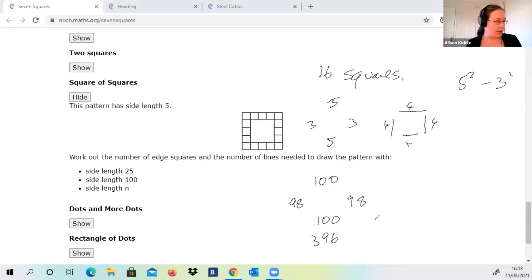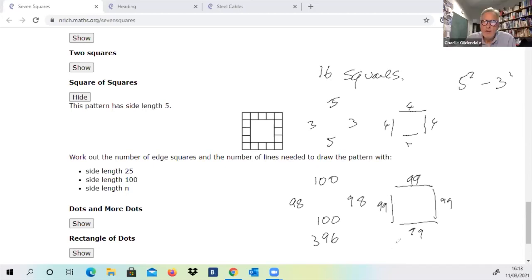Okay, so I think for my method, if it was 100 by 100, each of those 4 sides, the whole thing would be 100, but I'm not counting the end one because I'm sort of wrapping that round the next corner. So I think I'm going to have 99, 99, 99, and 99. And in your method, each corner is included in one of the lines, but only one corner. Yes. So that's going to give me 396 as well.